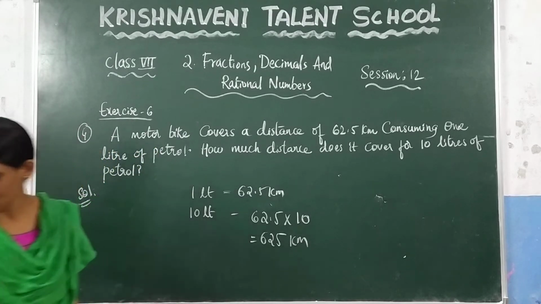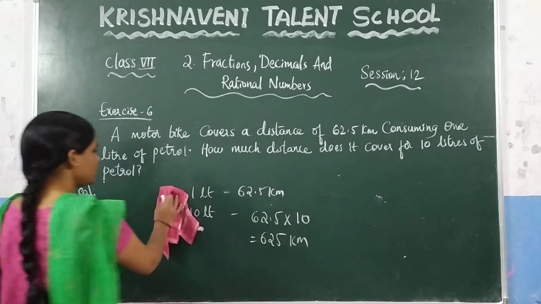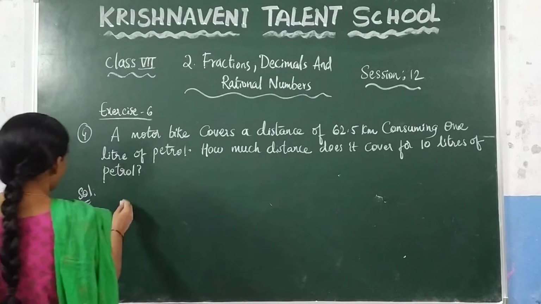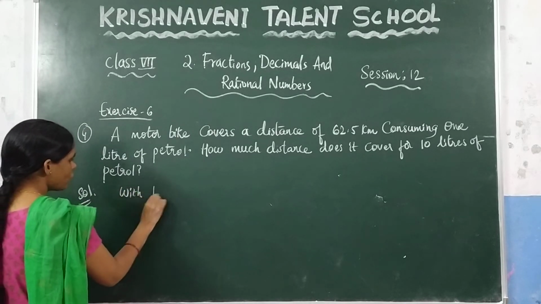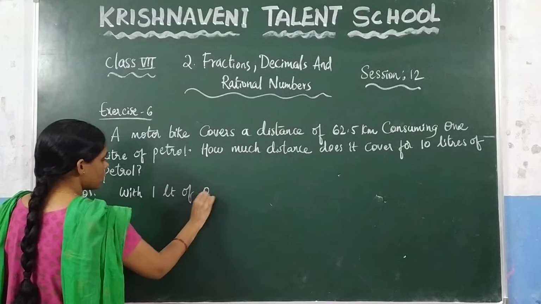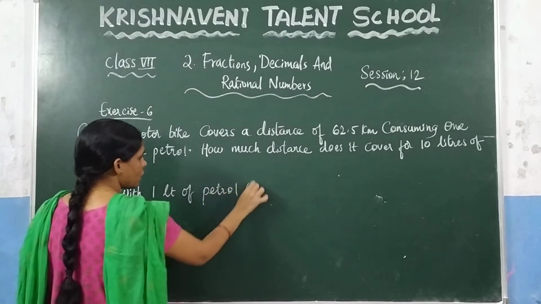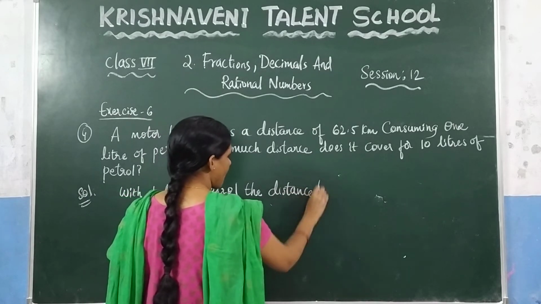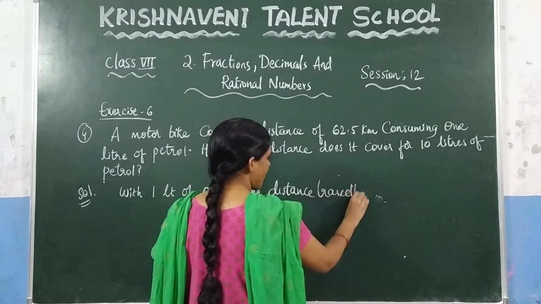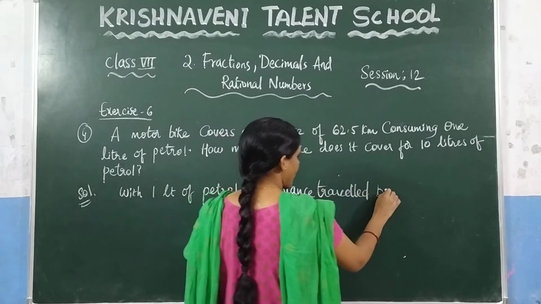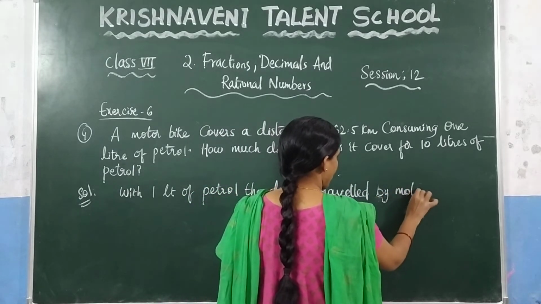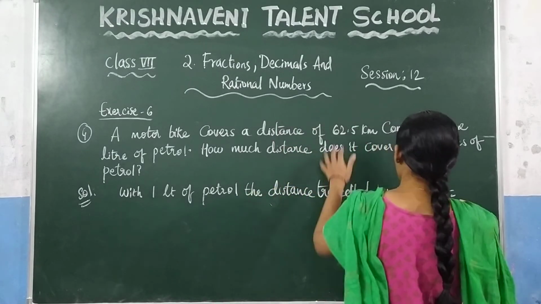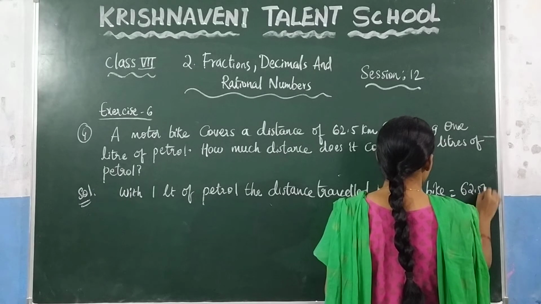Now write the problem here. So writing here, with 1 liter of petrol, the distance travelled by the motorbike, how much the distance travelled with 1 liter of petrol, which is 62.5 kilometers.